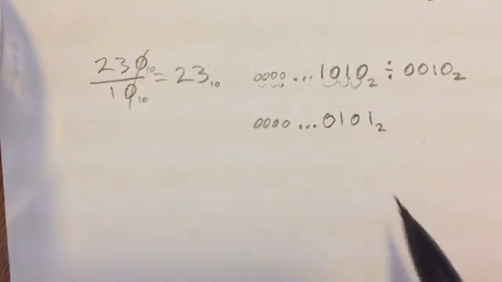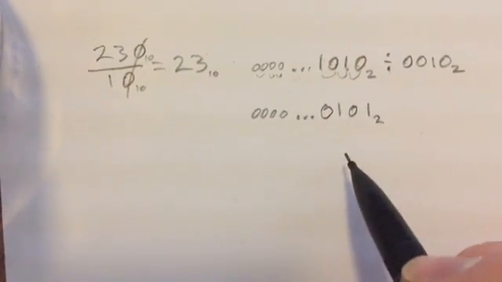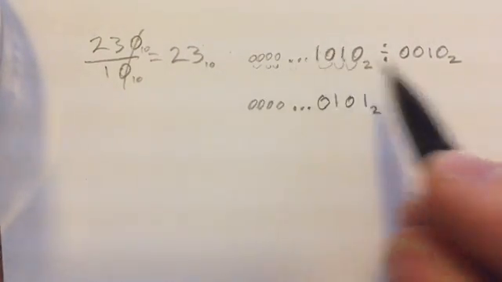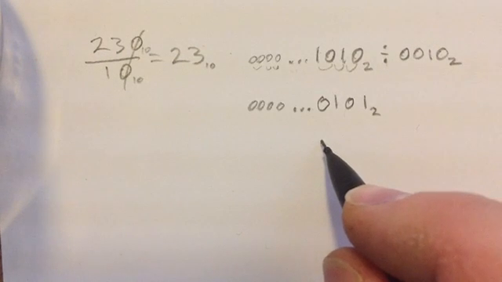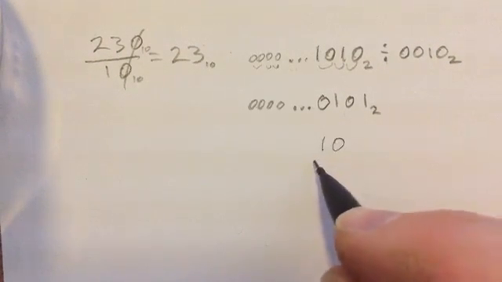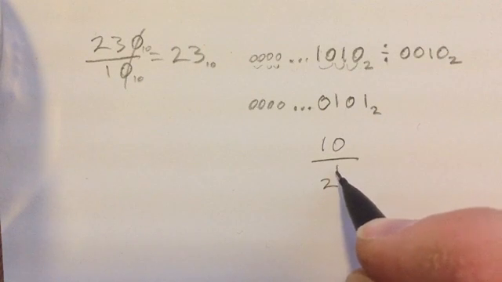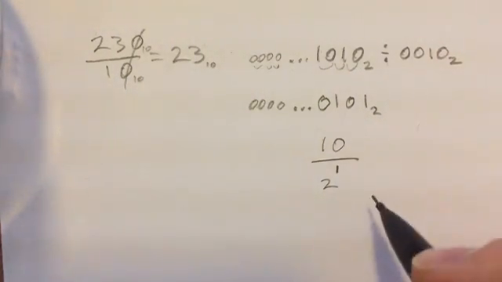In the case of 10 divided by 2, we are actually saying we want 10 divided by 2 to the first power.